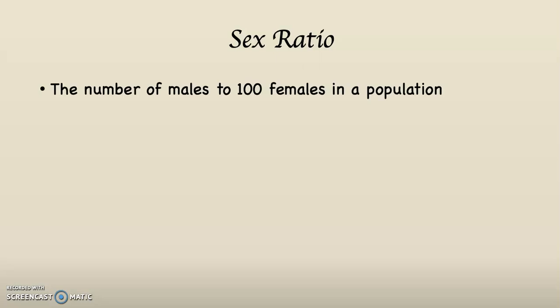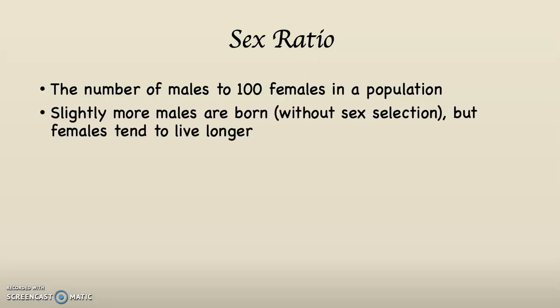This is the number of males to 100 females in a population. Okay, this is pegged to females, which means the number 100 is always going to represent females, and then the other number is going to represent males, and that's the thing that's going to change. There's slightly more males born, and this is discounting sex selection, so without sex selection, than females on the planet as a whole, just naturally.